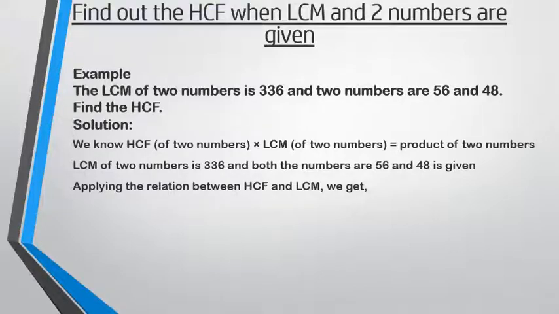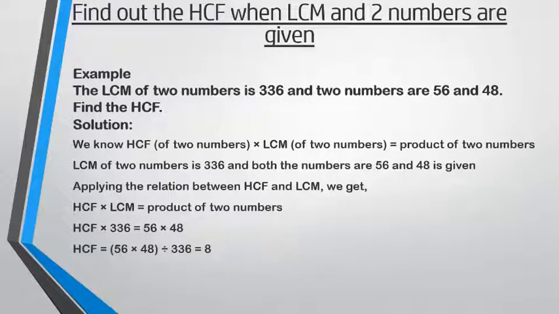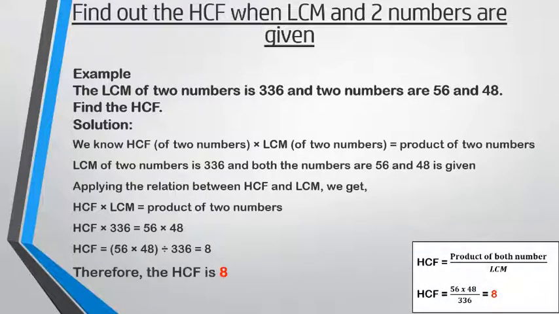Applying the relationship between HCF and LCM, HCF into 336 is equal to 56 into 48. To find the HCF, we first multiply 56 into 48 and then divide it by 336, which is equal to 8. Therefore, the HCF of 56 and 48 is 8.